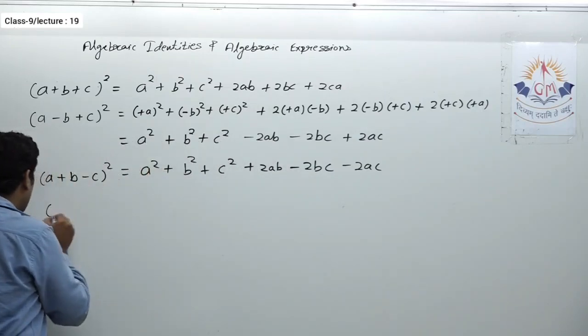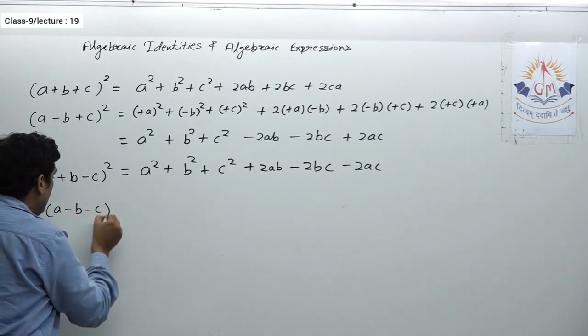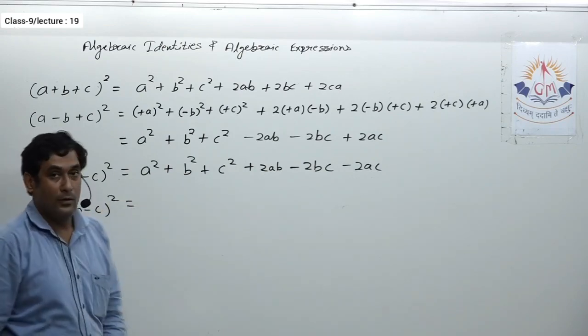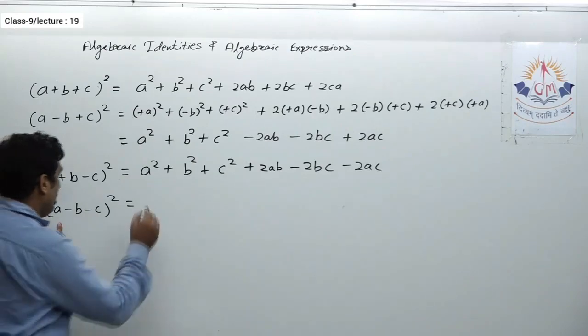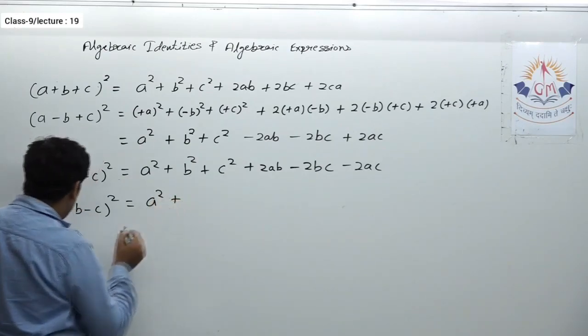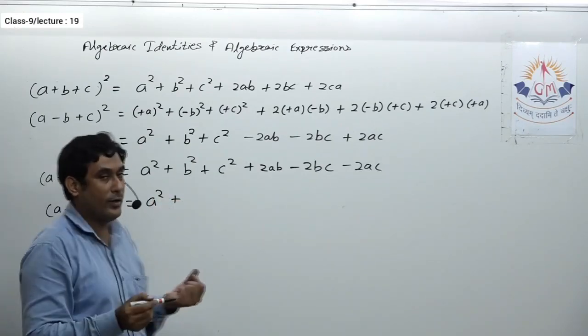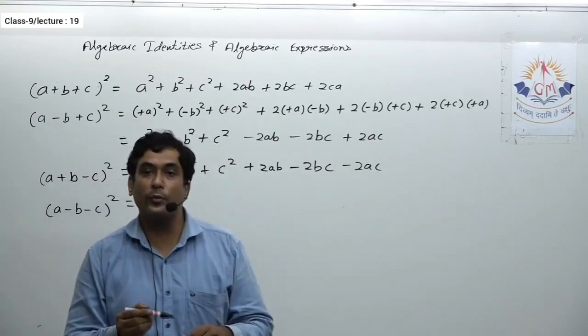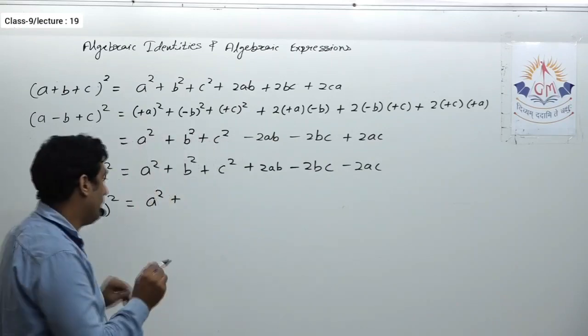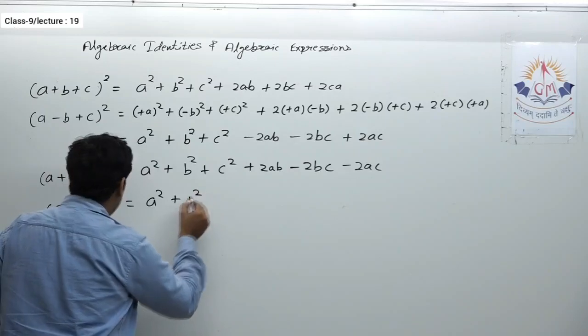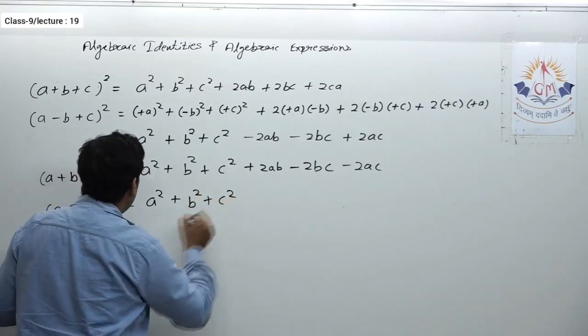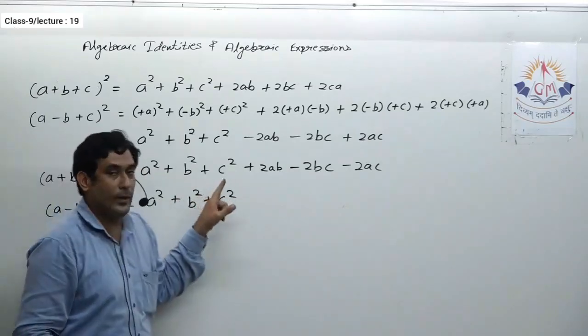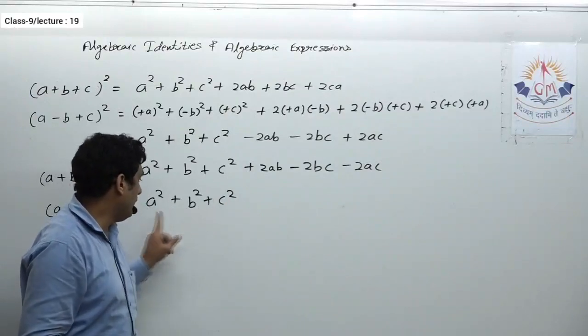Now let us take one more, a minus b minus c whole square. Again square of first, that is a square, plus square of minus b. Whether you square the minus b or the plus b, it remains b square only. So b square plus c square. As I told you, the first three terms always remain positive.